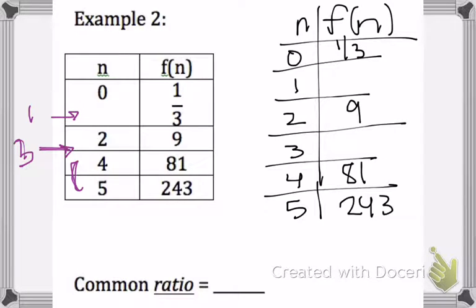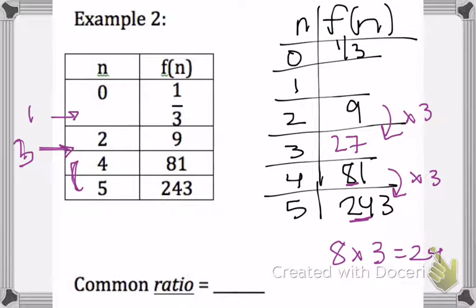So let's try to use the 81 to 243 and see if we can figure out what's going on. So I see 81 and 243, and 81 times 3 equals 243. So I think this is probably going to be a times 3. So let's check it. 9 times 3 right here would be 27, and then 27 times 3 is 81.